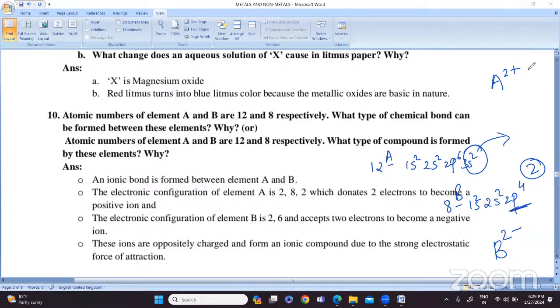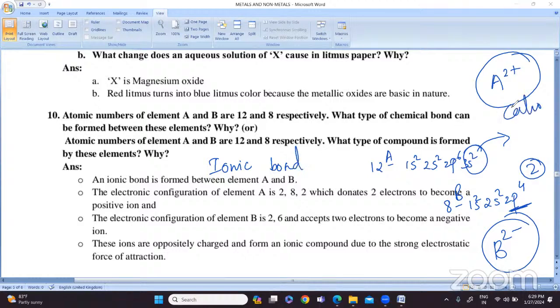Okay. So you can see that one is taking electron, another is giving electron. So what type of bond is formed? There will be transfer of electron. When transfer of electron takes place, an ionic bond is formed. Ionic bond is formed because this is a cation formation and this is an anion formation.